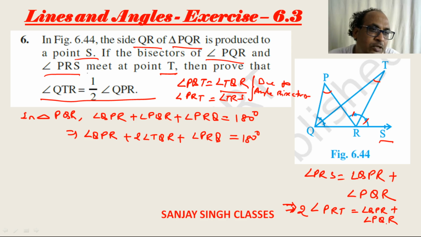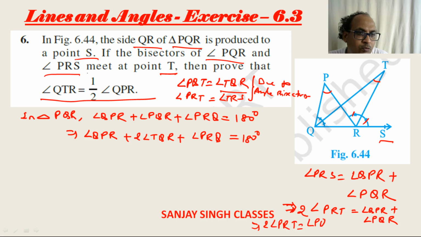So angle PQR, once again it will become 2 times angle TQR. So further we can write 2 times angle PRT is equal to angle QPR, not PQR, angle QPR plus 2 times angle TQR.